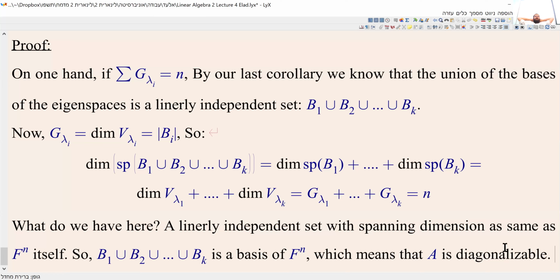But the 2 plus 1 here says that if you have linearly independent, spanning, and the dimension is n, where the dimension is the number of elements in the set.